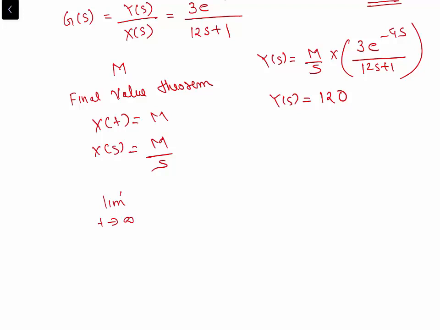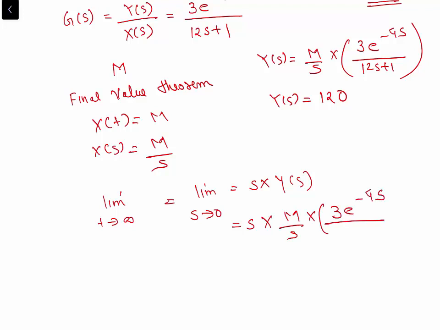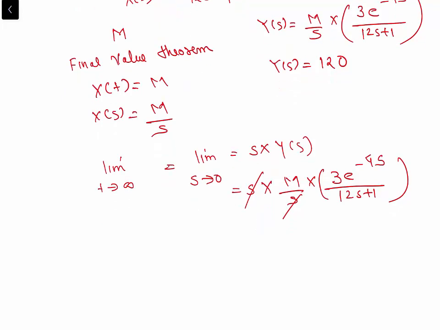Okay, and basically here in terms of Laplace, limit s tends to 0, it is equals to s into Y(s). So Y(s) value is given, s into m by s into 3e to the power minus 4s upon 12s plus 1. So from this s will cancel out. Okay, and this value is equals to 120.